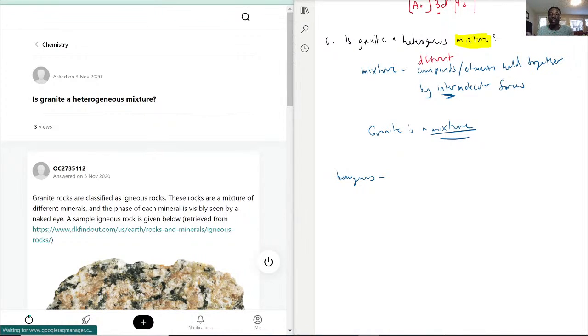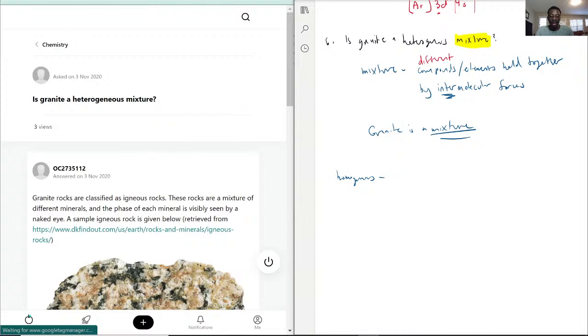It's equally distributed throughout, even if you may not be able to see it. You can't really tell which part of the bronze is tin and which part is copper. You just see it as one uniform thing. That would be an example of a homogeneous mixture.